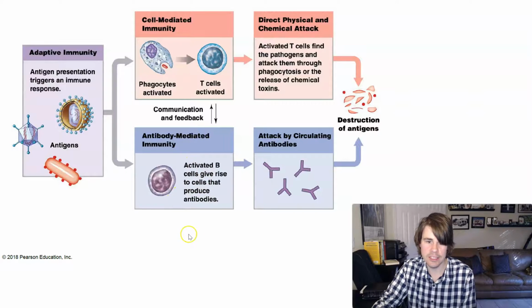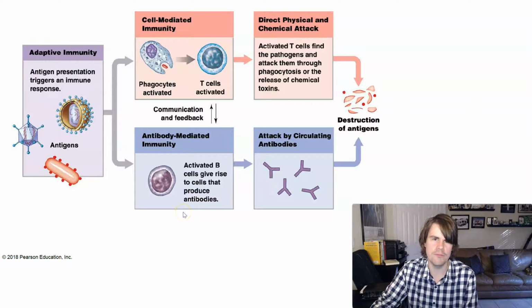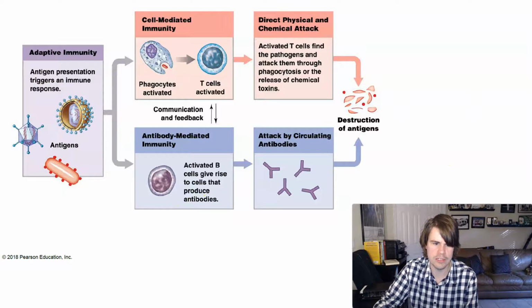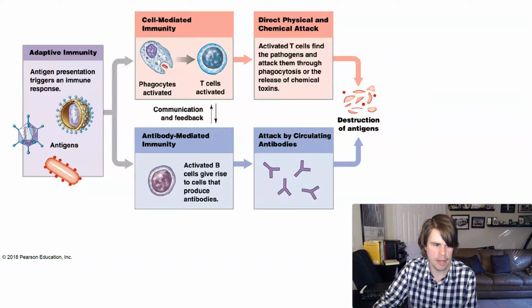So activated B cells give rise to cells that produce antibodies, and so activated T cells find the pathogens and attack them. Antibodies attack by, they stick to it and clump together, help these pathogens be destroyed, and eventually it's the destruction of the antigen, which is something that we obviously want in our body, okay?